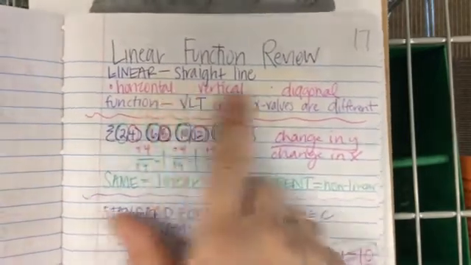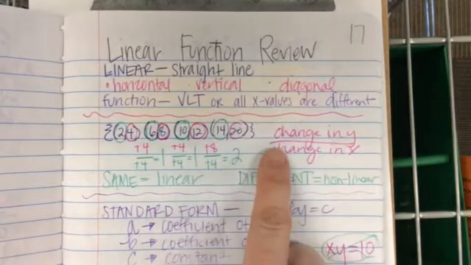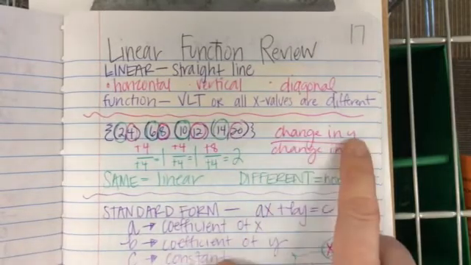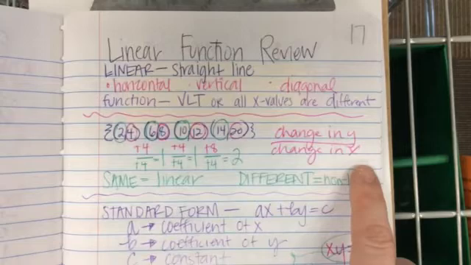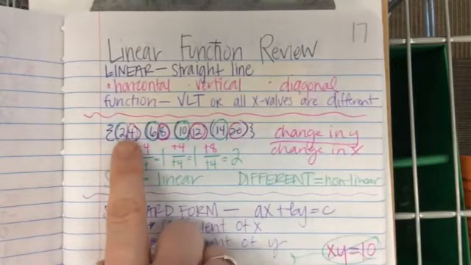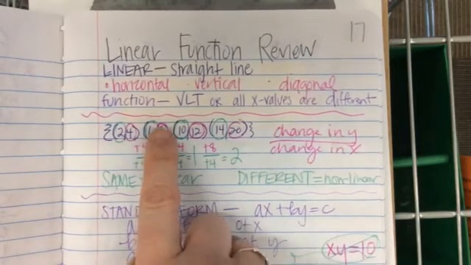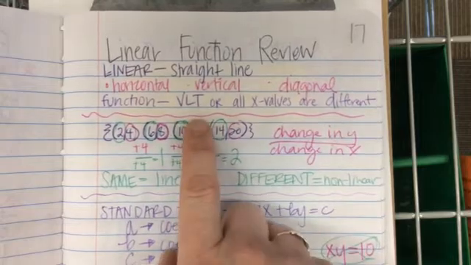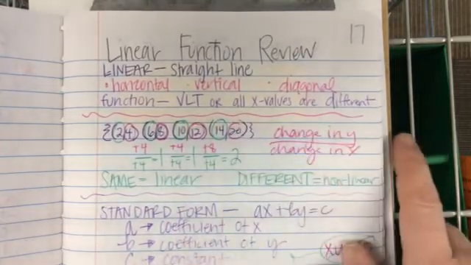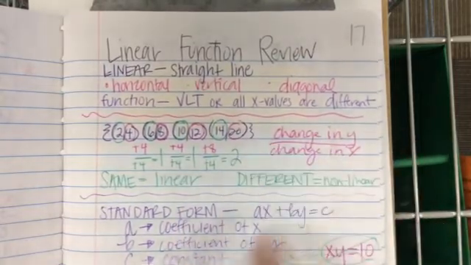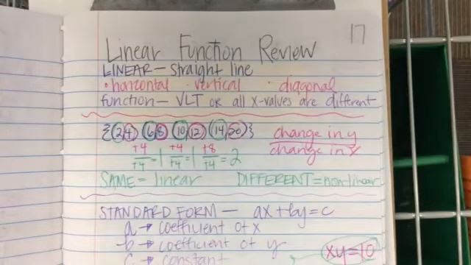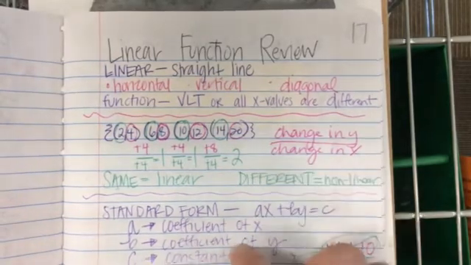When it was a linear function, we looked at the change in y over the change in x. So we looked from 4 to 8, from 8 to 12, from 12 to 20. The change in y over the change in x. What's that called? Do you remember? Slope. We looked for the slope. So if it was linear, we did the change in y over the change in x.